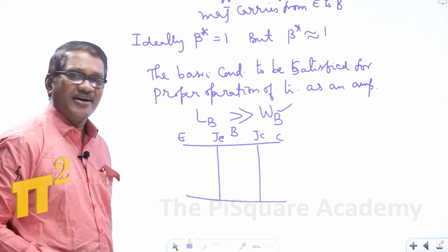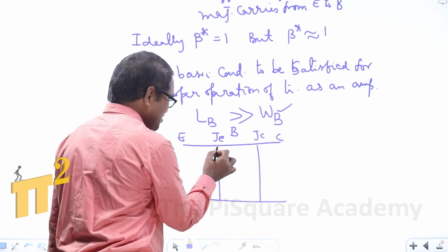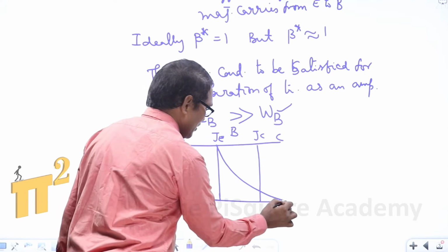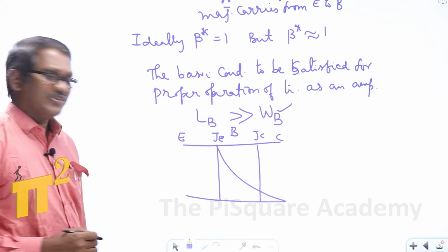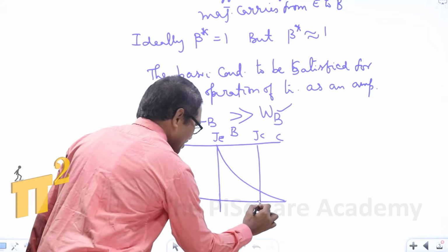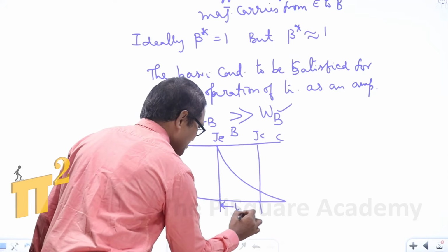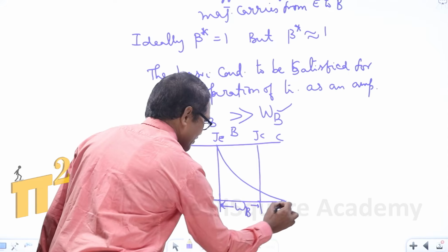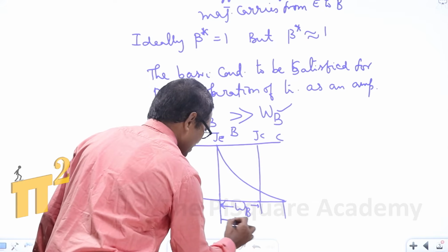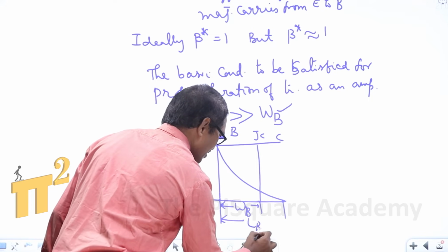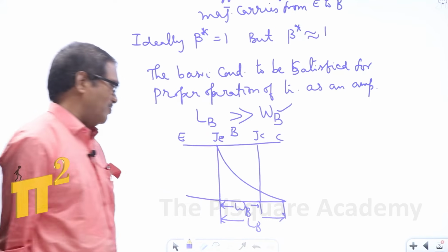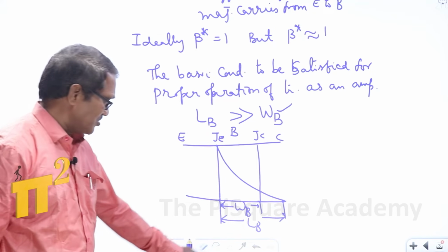Have you understood this, right? The diffusion length of the charge carrier must be much greater than the width of the base region. This is the width of the base region, and this is the diffusion length of the charge carrier through the base region. Have you understood this, right?